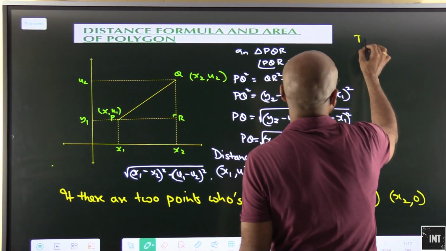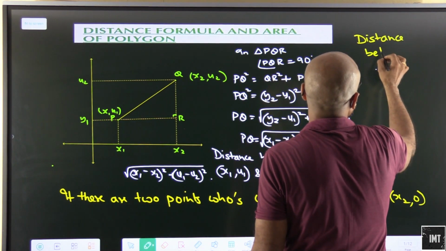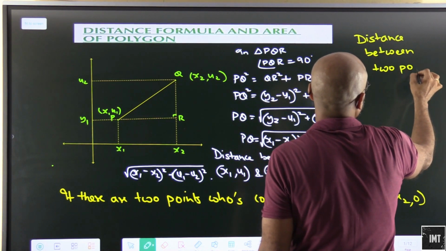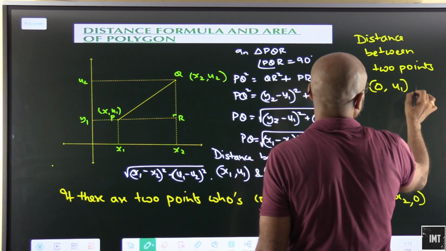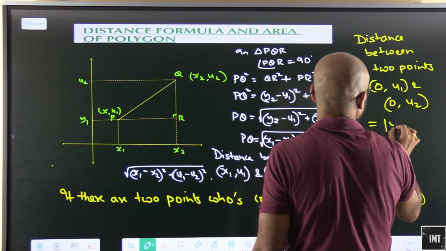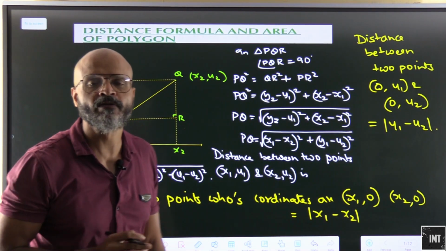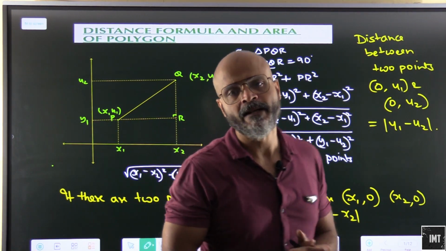Similarly, if we have to find out the distance between 2 points, 0 y1 and let's say 0 y2, it will be how much? Mod of y1 minus y2. So it can take both values, y2 minus y1, or it can take a value of y1 minus y2.